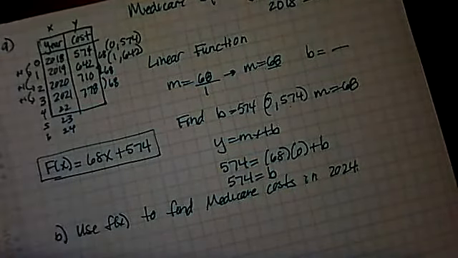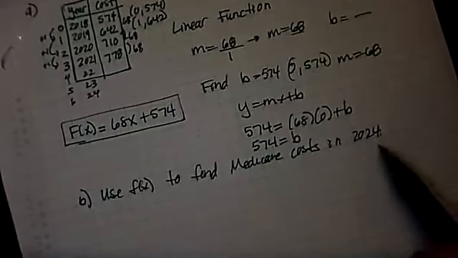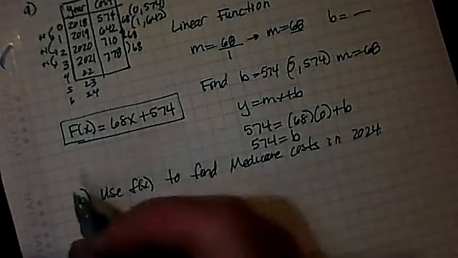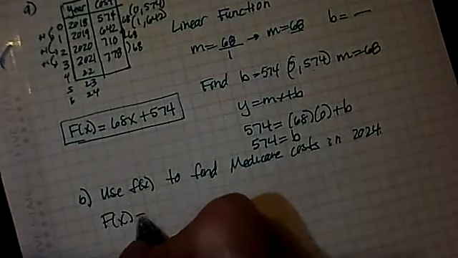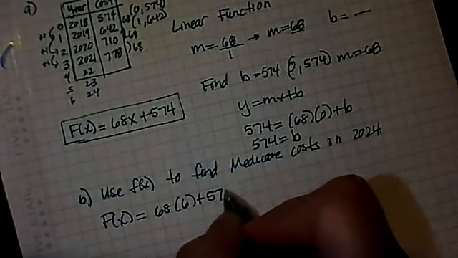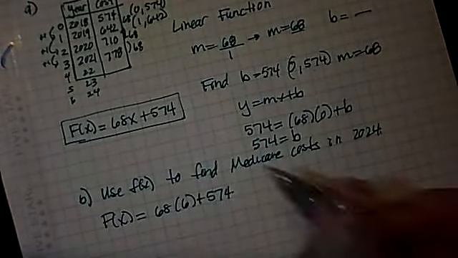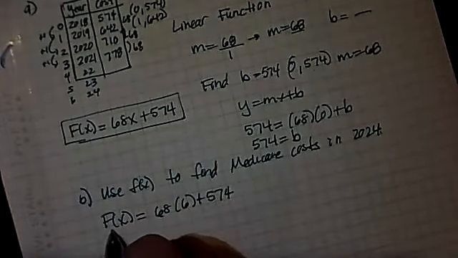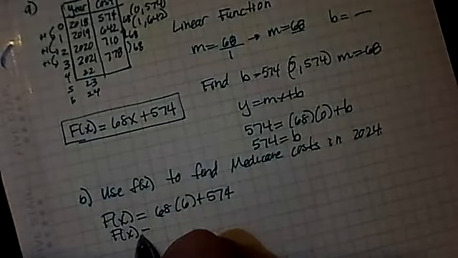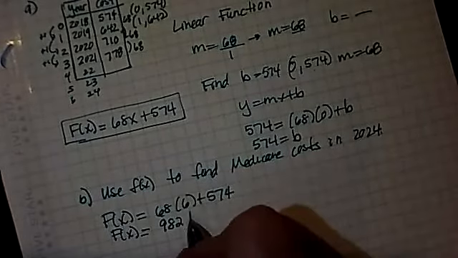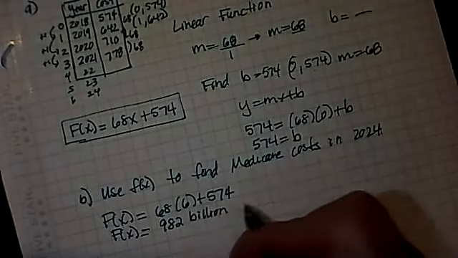So I'm going to use 6 in my equation: f of x is equal to 68 times 6 plus 574. If you work this out, that's going to equal, I believe, $982 billion.